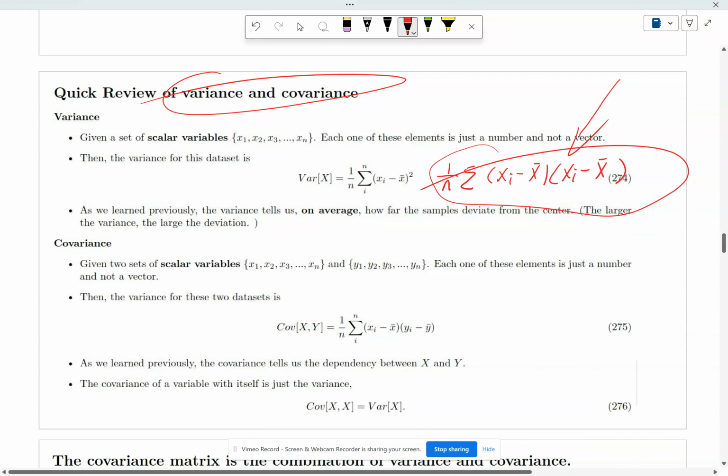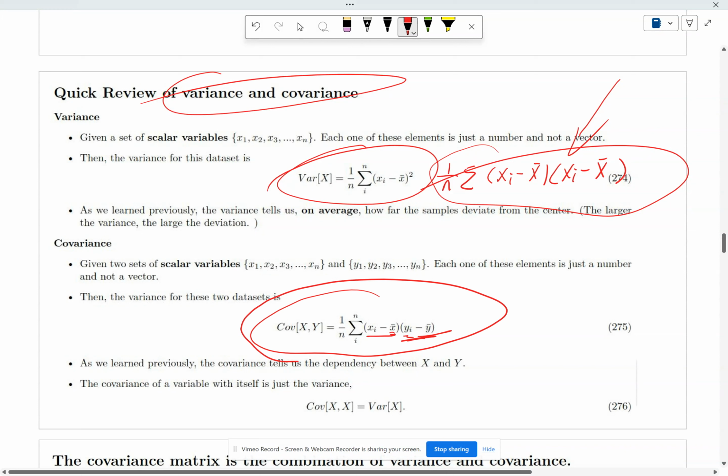Variance and covariance is just xi minus x bar and y minus this. So I would like you to start looking at these from a matrix perspective. These are summations. However, these summations can be rewritten easily into matrix format.